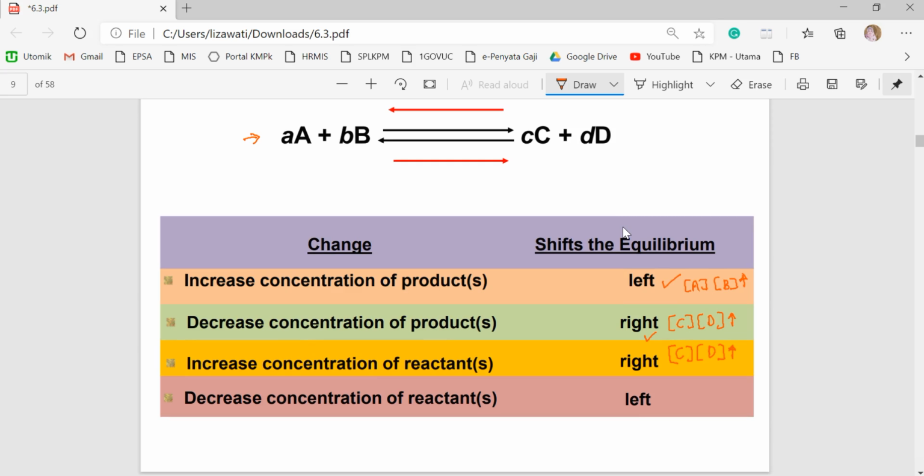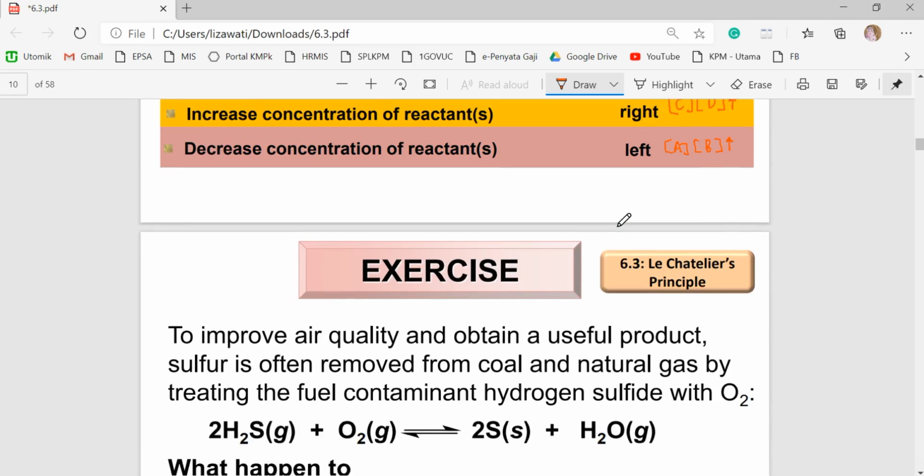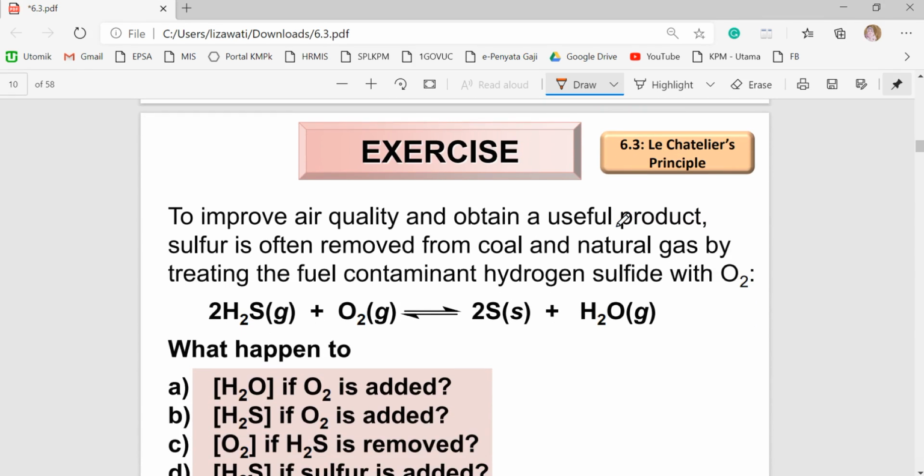Next, a decrease in concentration of reactant: the system will shift to the left, producing more A and more B. So, let's say we have our exercise here.